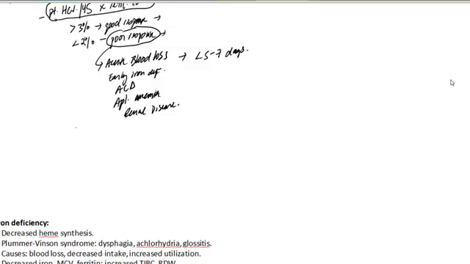And then when we said a good response is over 3%, corrected retic count over 3%, we're going to split this up into both intrinsic and extrinsic red blood cell defects. Intrinsic defects, you can remember the mnemonic MAD.